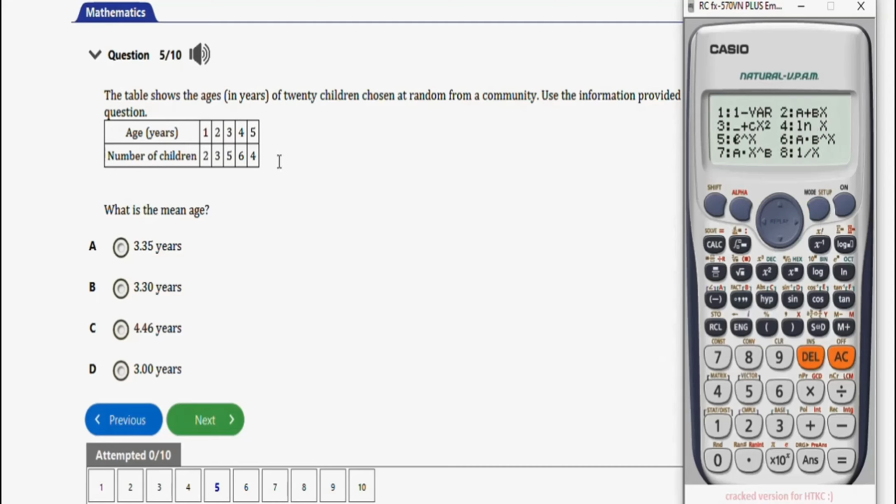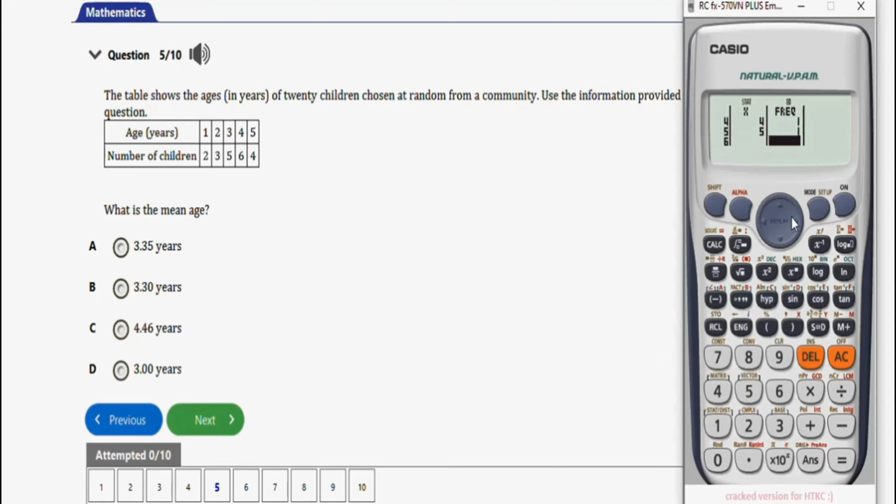Now when you get here, go for one-variable statistics, option 1. So the frequency is now on. Our x will be the age and the number of children will be the frequency. So let's input the x values, that's the age in years: 1, 2, 3, 4 and 5.